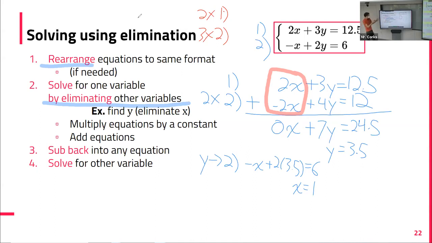Just choose your target, then multiply or divide to make one of the coefficient pairs line up, match with 2's. Then we just add or subtract the two equations to eliminate. The rest is the same as the substitution. So just reminding you the process and theory stuff, the goals, strategies, everything.